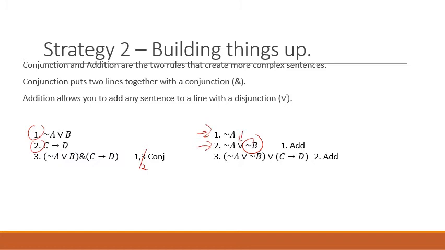And then to line 2, right, so now we have not A or not B, we're going to add this other sort of complicated thing, which is going to be C arrow D. So just an addition of some more stuff, and it's entirely legal because you're doing the or rule.